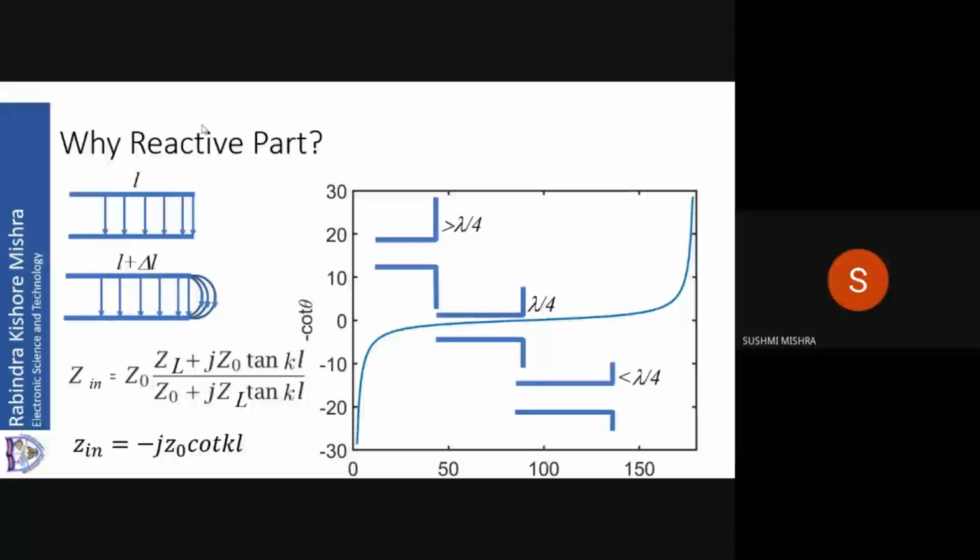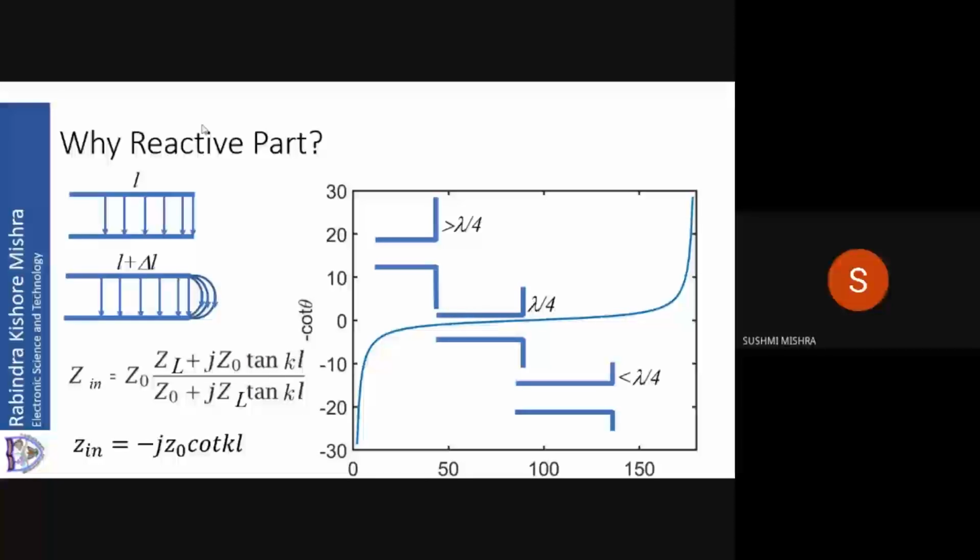So pi cancels out, and L will be lambda by 4. So exactly at lambda by 4, Zin will be 0. And since Zin will be 0, there will be no reactive part.